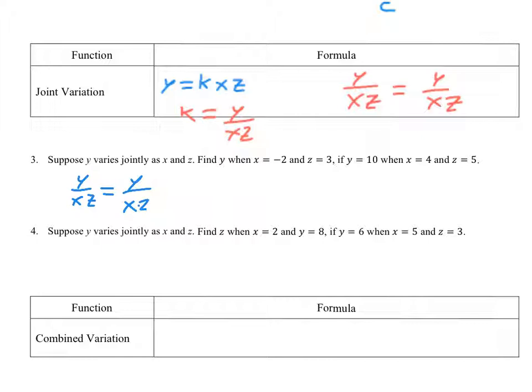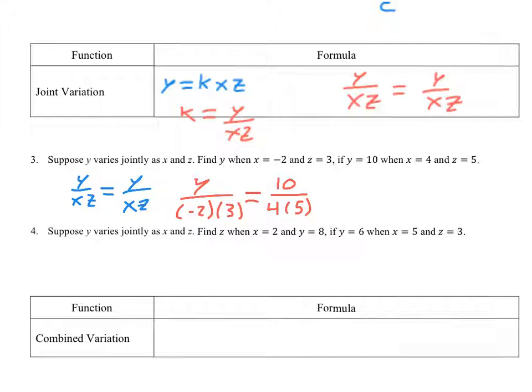Find y, so we don't know what y is. Find y when x equals -2, z equals 3. Now we're going to plug in the other group to the other side. Y equals 10 when x is 4 and z is 5.